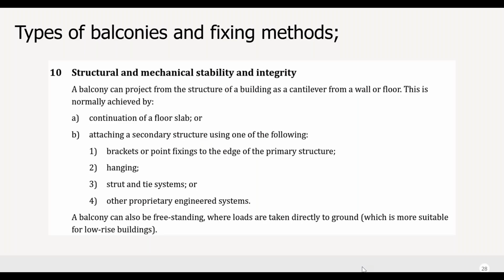Over the last decade or so, we've seen quite a marked change in the typical construction of balconies. Traditionally, there's been a concrete extension of the concrete slab, and while that still is used today, there's various moves which have meant that a lot of balconies have moved away from that.